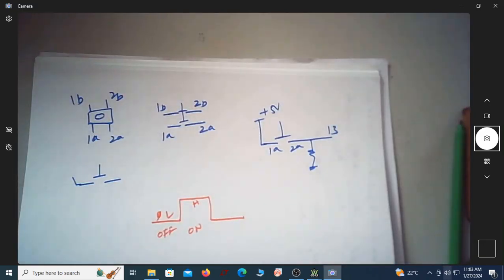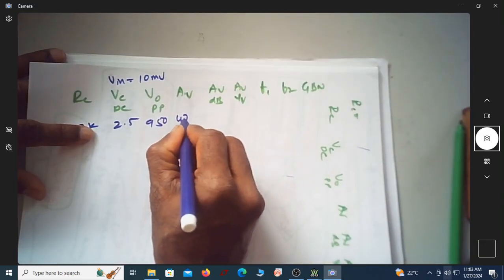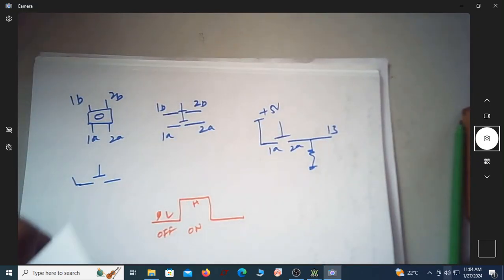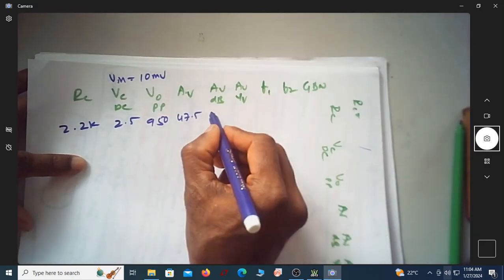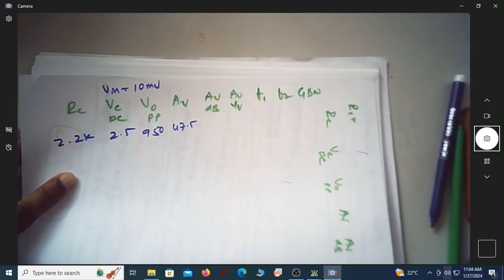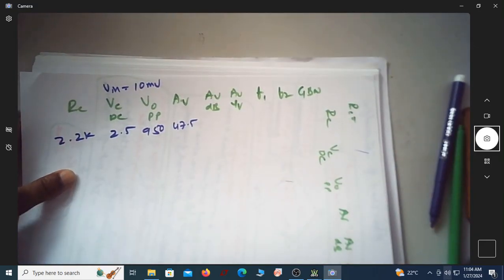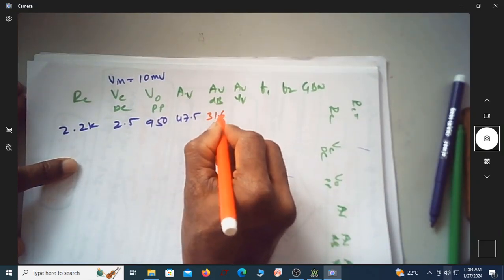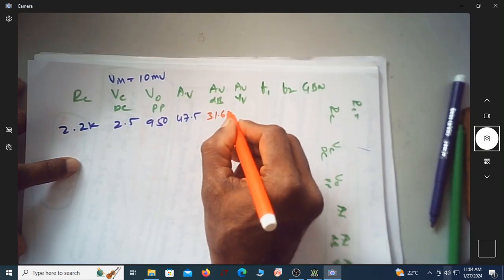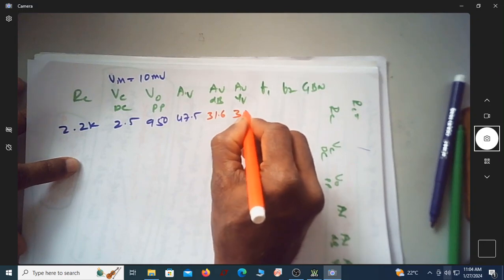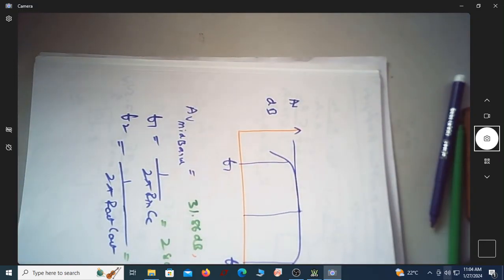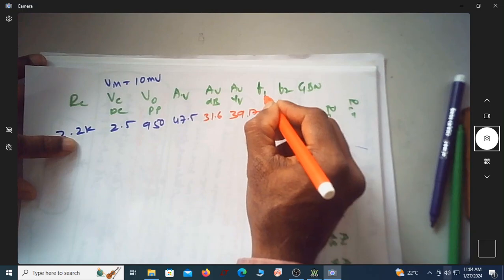AV was coming out to be 47.5. AV in dB was 31.86 dB. AV from that was found to be 39.17.